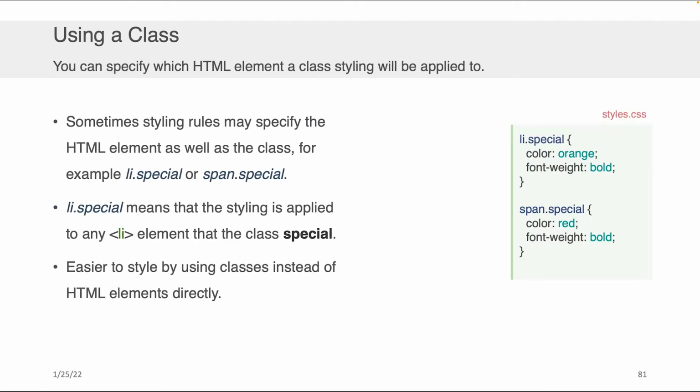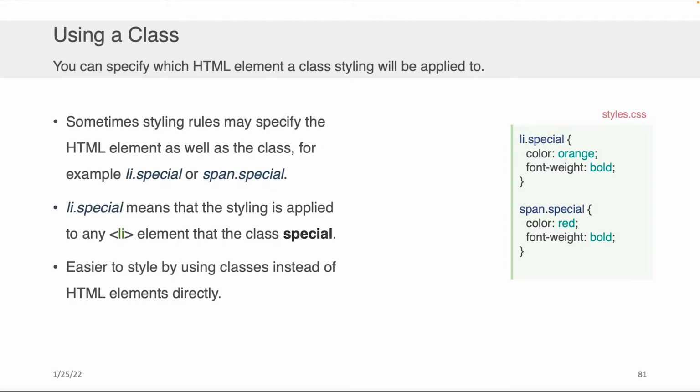Now, sometimes these styling rules may specify the HTML element as well as the class. Okay, so meaning it may be the case that special in the context of a list item from a class perspective is different than special class when you're talking about a span item.